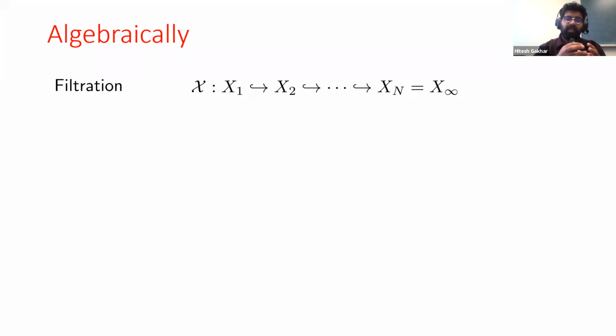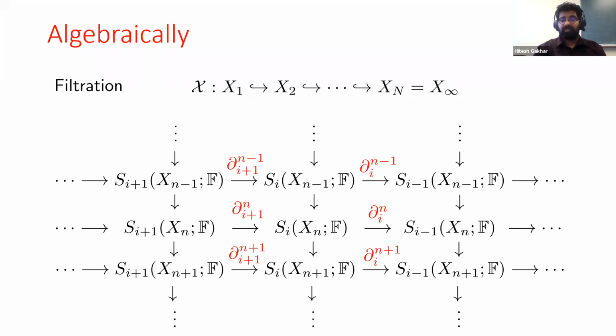But you have a nested sequence of growing spaces in general. That gives us this double complex that we saw last time. This is what we call the persistence chain complex. Each vertical direction is induced by the inclusion maps, and each horizontal direction is a chain complex in its own right for a fixed space X_n.